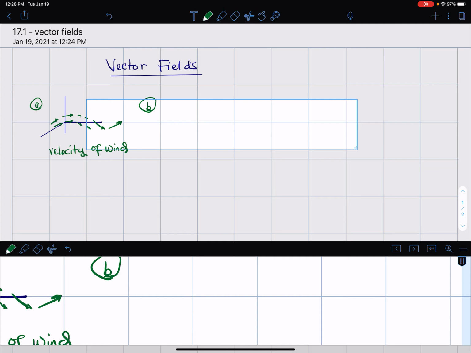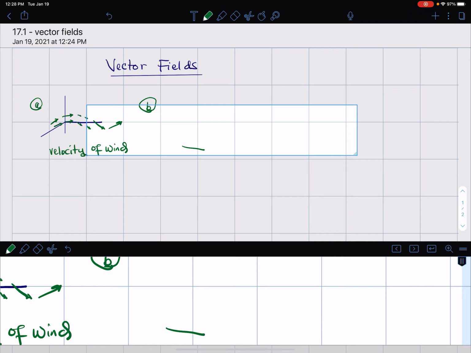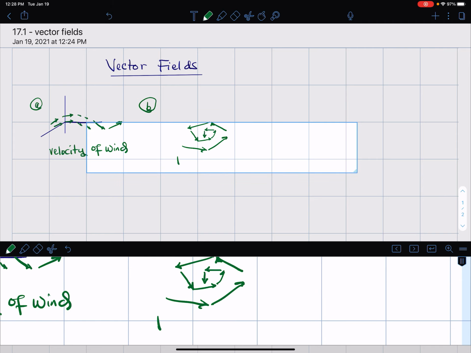So this wind goes like this, and it comes like this, goes like that, and so forth. So this is like the wind pattern of a tornado.